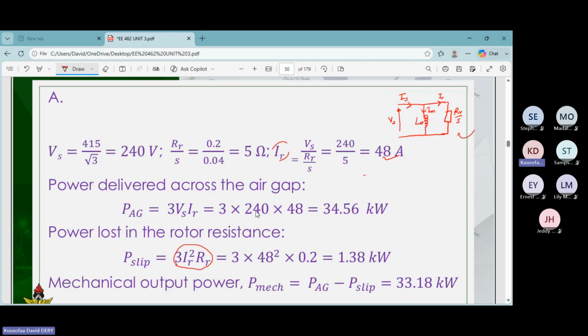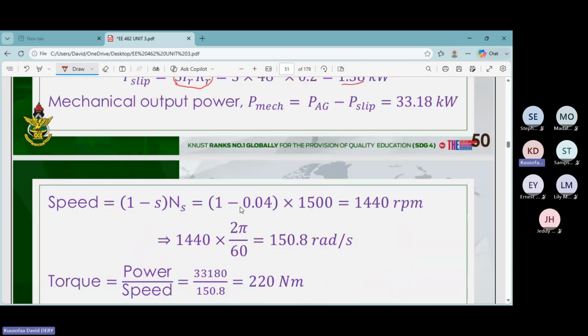Then, because we are always interested, we want to calculate the torque at that point. We need the mechanical power, and we said that the mechanical power is PAG minus the P slip. So we subtract the P slip from the PAG to get the mechanical output power, and we divide that by the speed to obtain the torque, right?